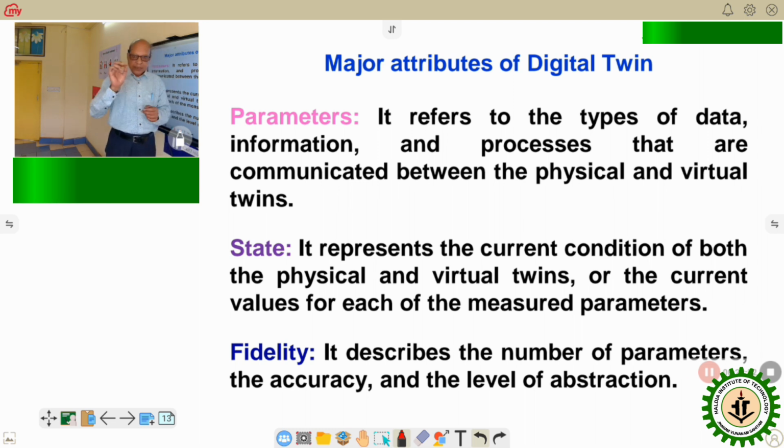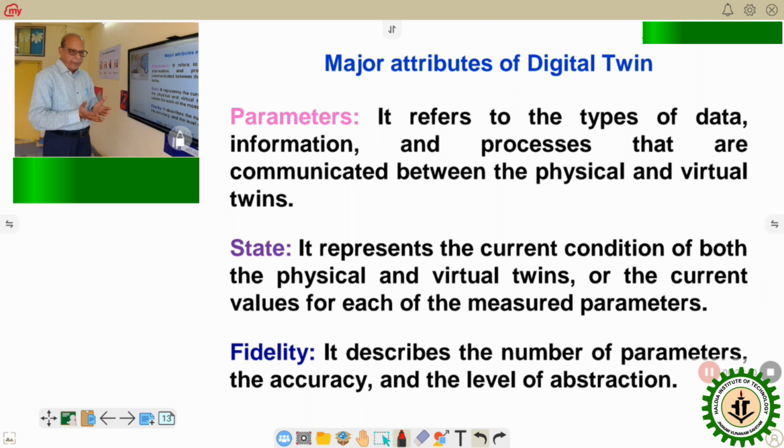There will be some inaccuracy, some error. So the success depends on how many parameters we consider to fully describe the process of the product, their accurate values, and to what extent the level of abstraction, that is also important. These three attributes together define the fidelity. We call a high fidelity data set essential to perfectly create the digital twin.